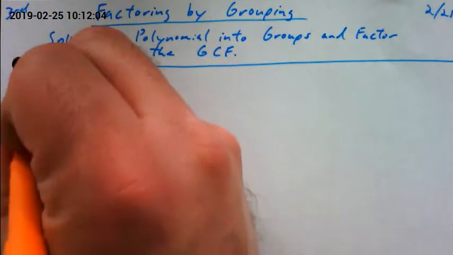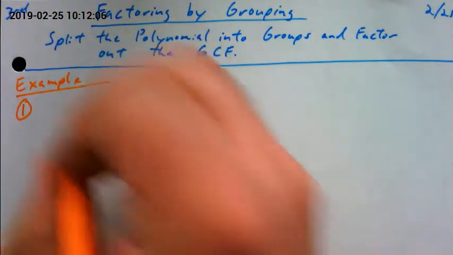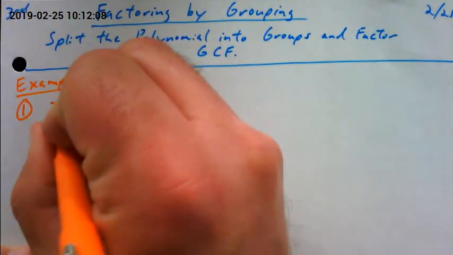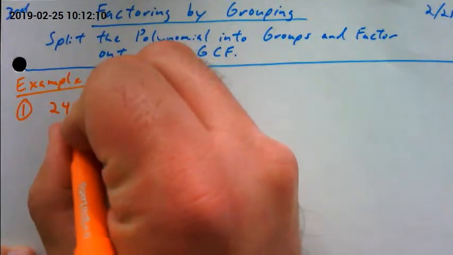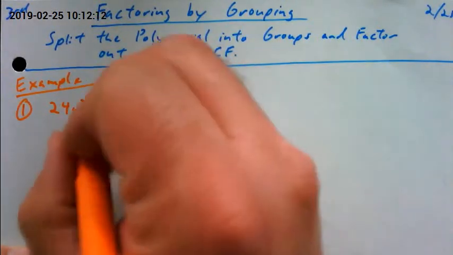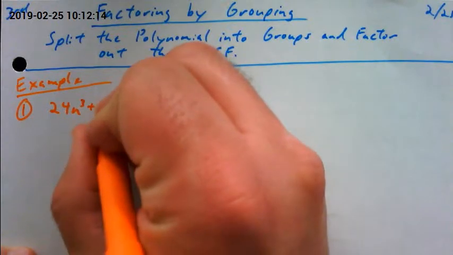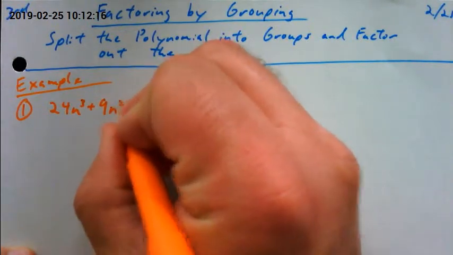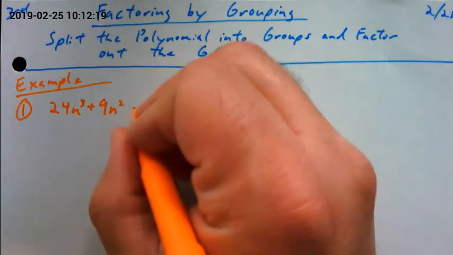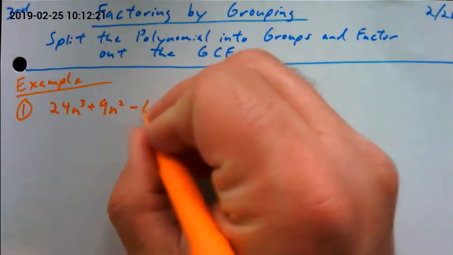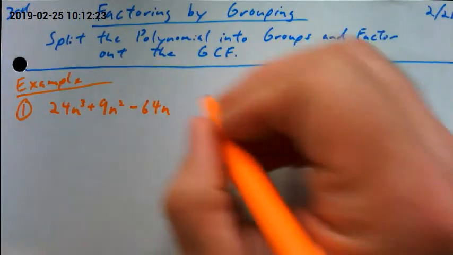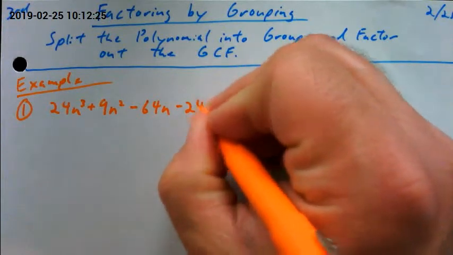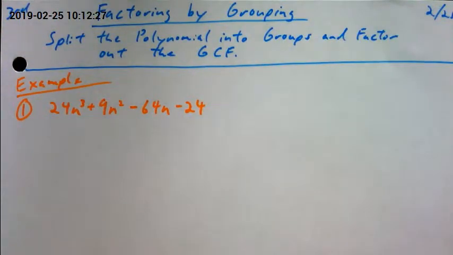So now, the first example we're going to have is going to be 24n^3 plus 9n^2 minus 64n minus 24.